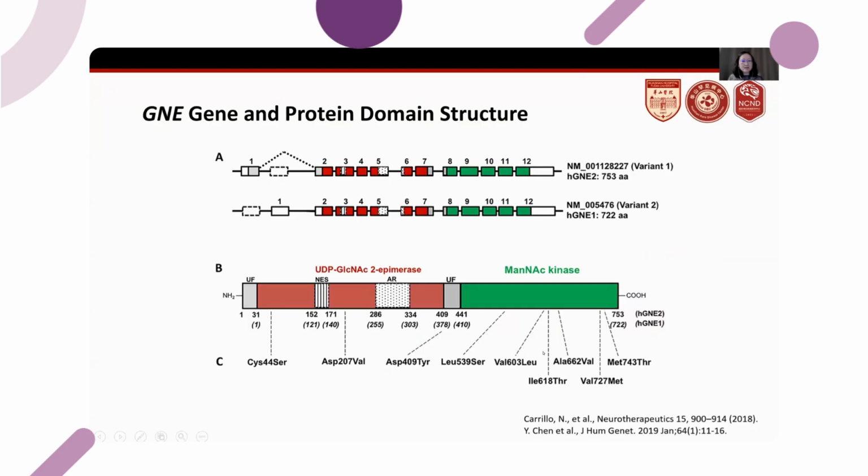Okay, so for GNE mutations, most of them are missense mutations, in which the hotspots are marked here, over both the epimerase domain and the ManNAc kinase domain.